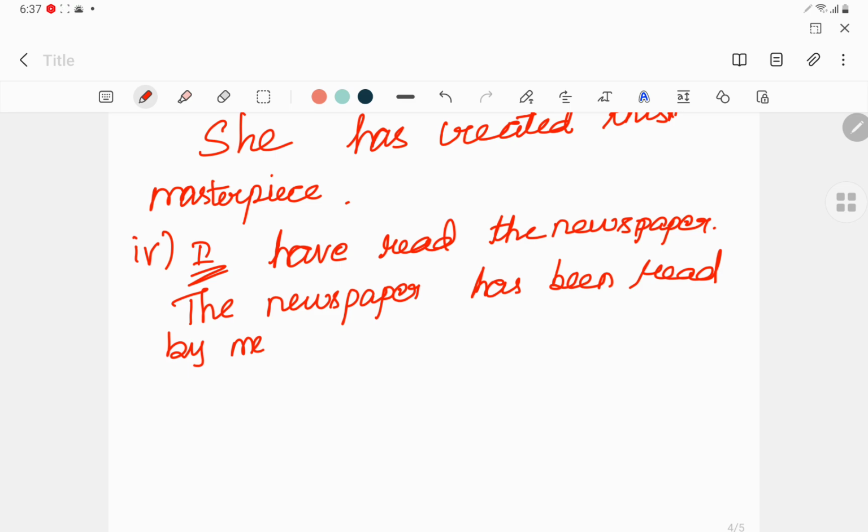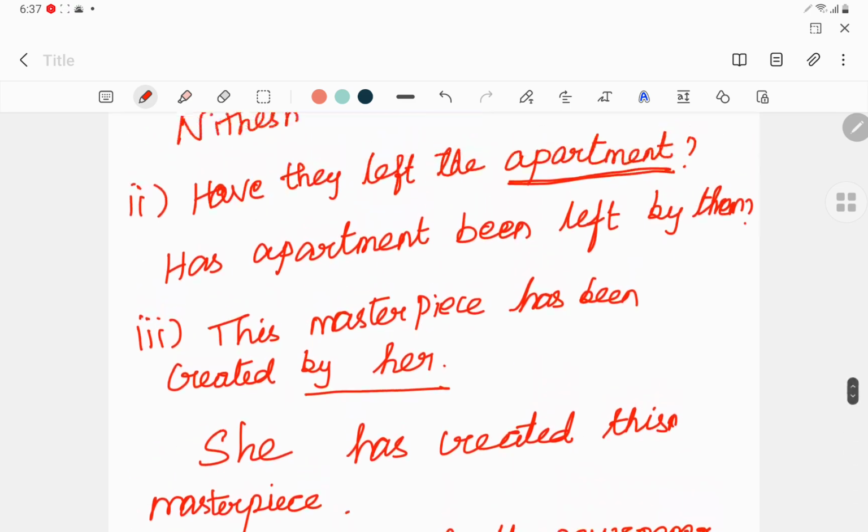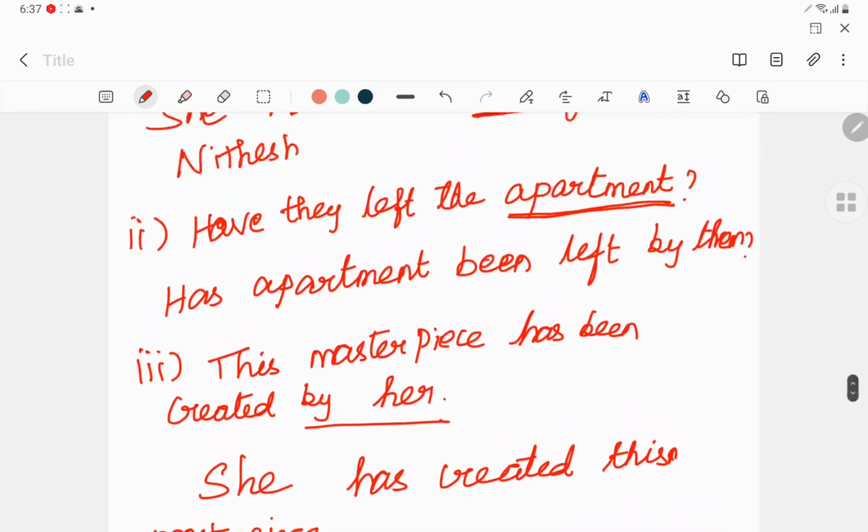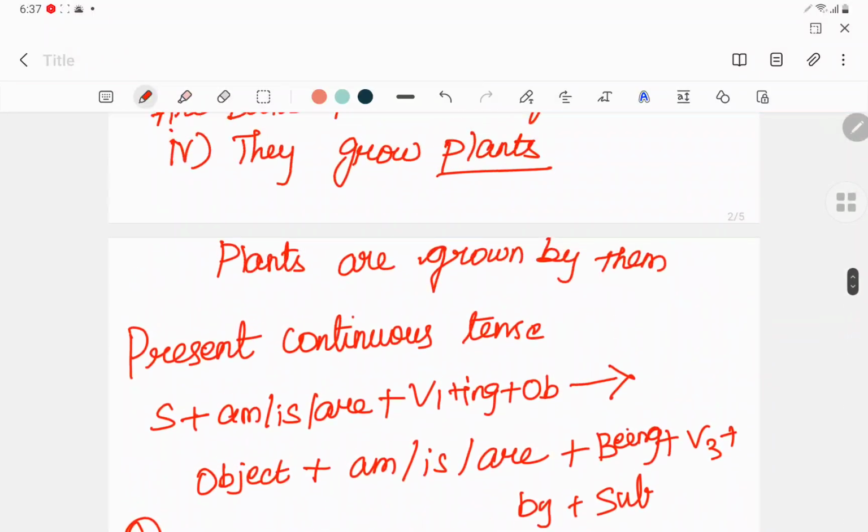So in present tense, we have 4 tenses, but while changing active voice into passive voice, we can use only 3 tenses in present. For simple present you can change active voice into passive voice.